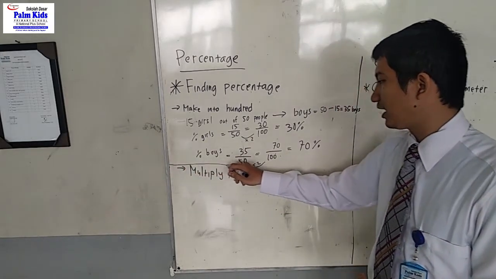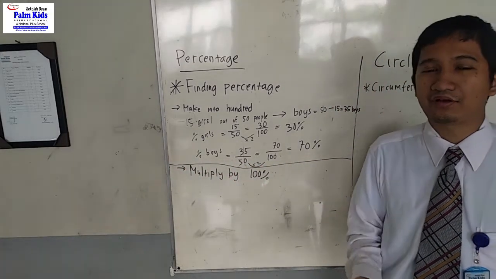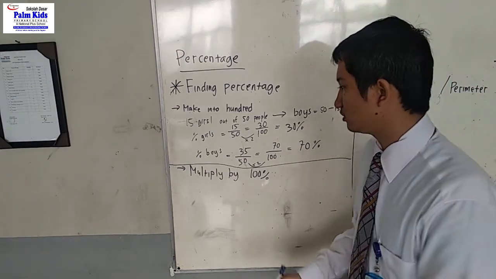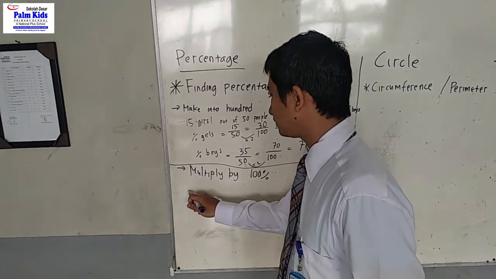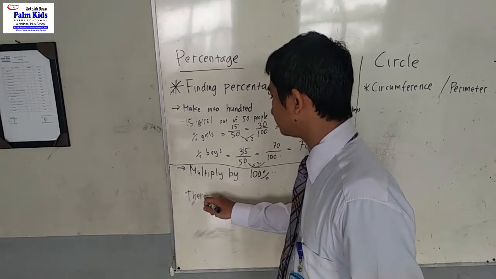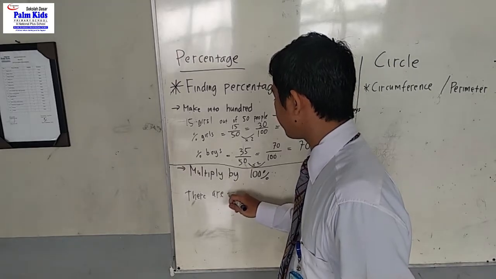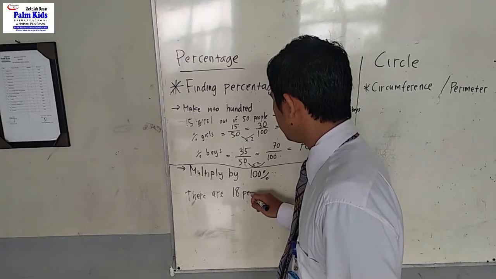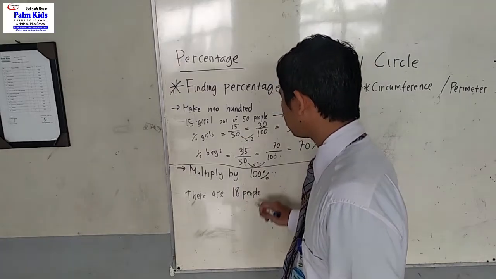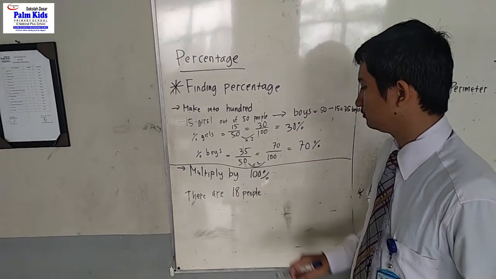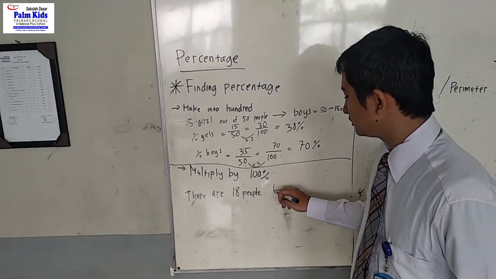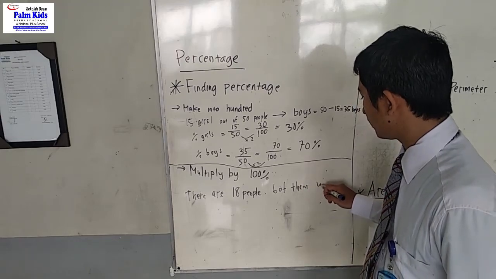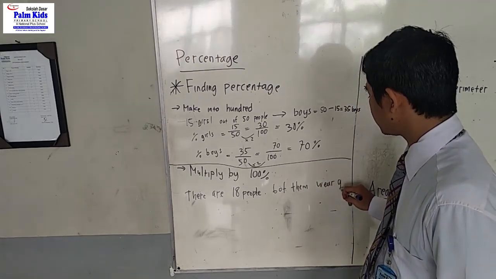Now, what will happen if we have a problem where the numbers cannot be changed into hundreds? For example, there are 18 people, and 6 of them wear glasses.